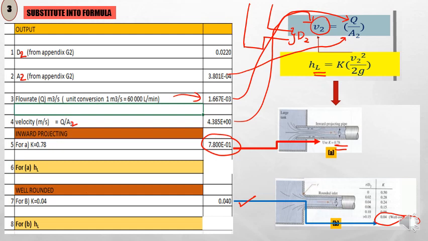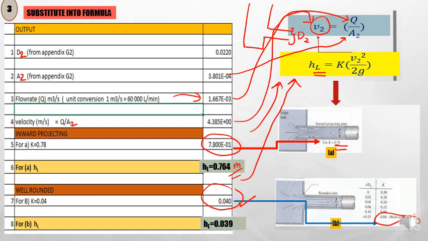Then we substitute both K values into this equation to calculate the HL. Lastly, we get the HL for A, in the category of inward projecting, which is 0.764 meter. And for B, the category of rounded inlet, it is 0.039 meter. Very straightforward calculation.